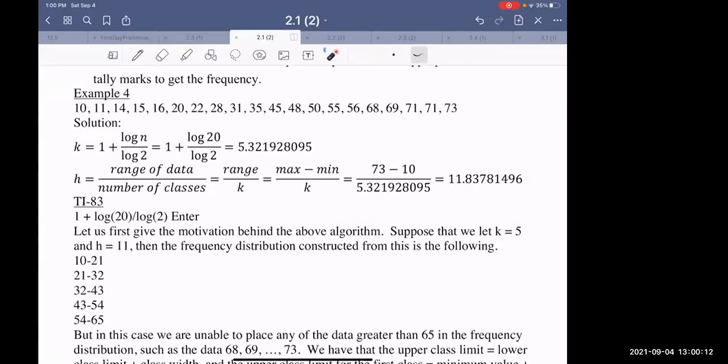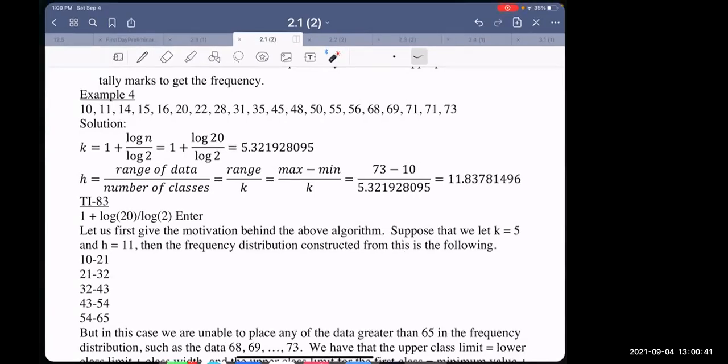So if you're using a TI-83, it'll be 1 plus log, notice the parentheses, open parenthesis, 20, and you end your parentheses, divided by log of 2. So you need to close your parentheses first for the log that involves 20, or you'll get the wrong answer.